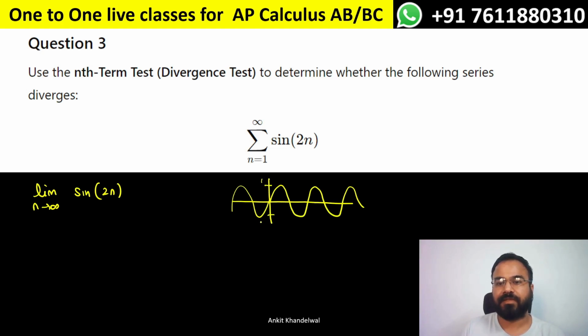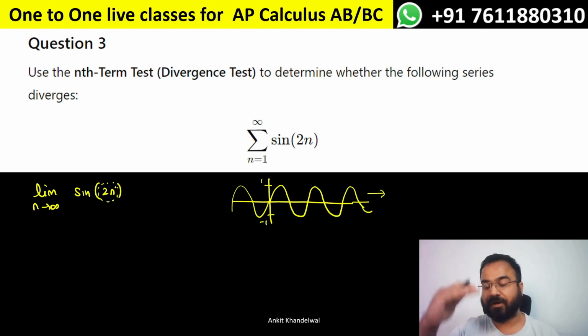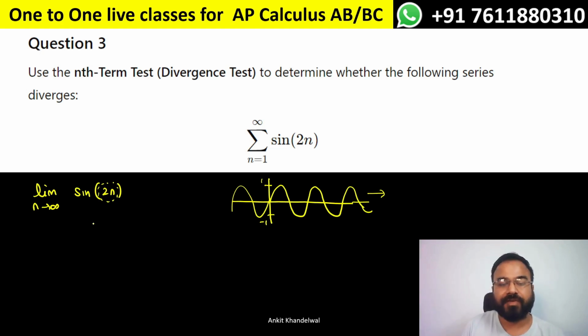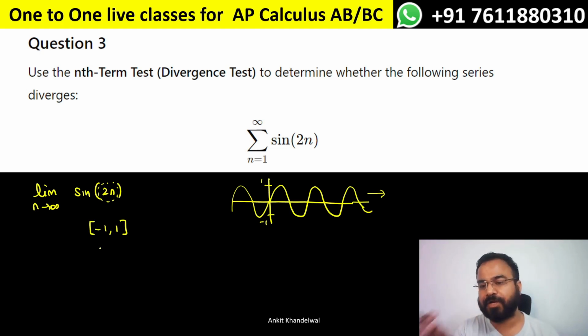This is plus 1, this is minus 1. As the input value is going toward infinity, the values of sine are oscillating between minus 1 and plus 1, up, down, up, down. So it is not coming out to be a particular answer.